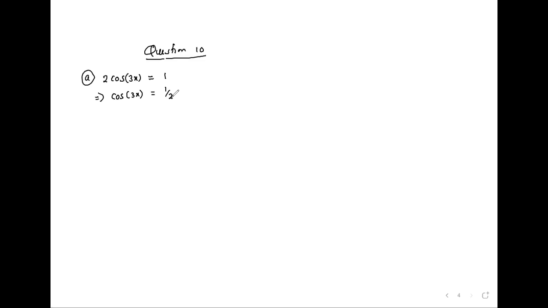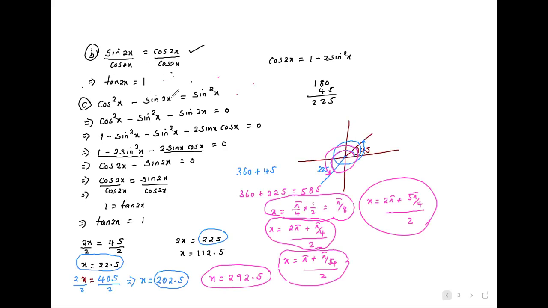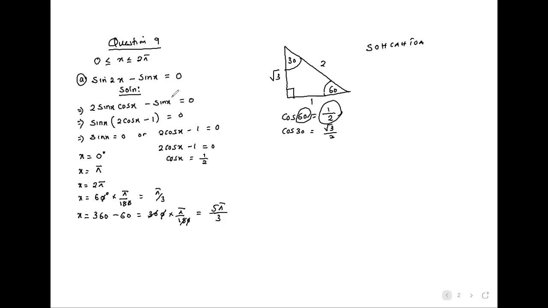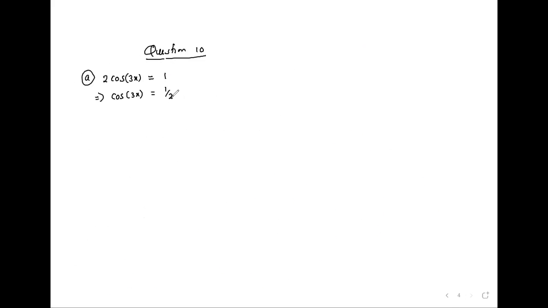Okay, so we have cos 3x is equal to half. Now we must think about which angle gives us half for cos. I think we had a question where we looked at what value of the angle will give us half for cos, and we found out that it was 60. So we know that 3x is equal to 60 in the first quadrant.